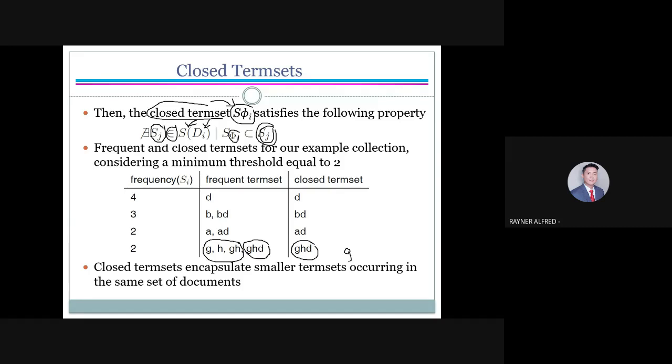We cannot take GH because your closed term set must not be a subset of any of the term sets that we have. Okay, so that's why we take the biggest one. So if the frequency is 3, we get BD, and then frequency of 2, AD, we get AD, and so on.